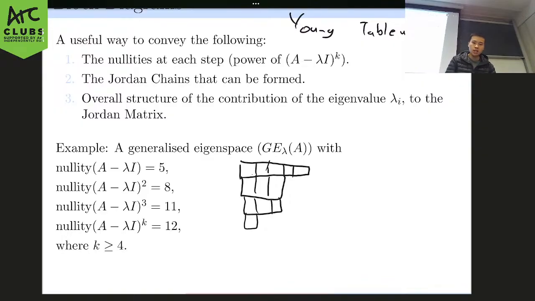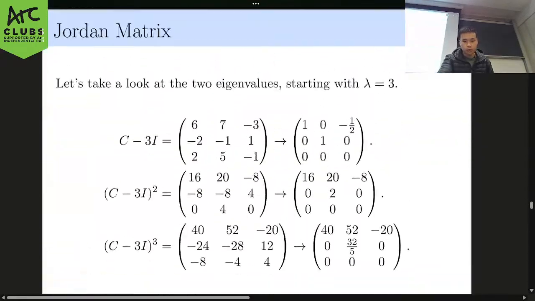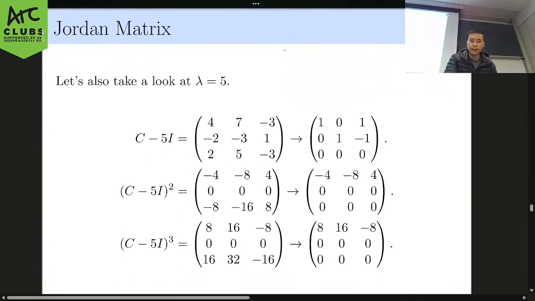So what does this do? Firstly, we can determine the maximal Jordan chain length, which is basically the height of the blocks, which is also the height of the eigenvalue.